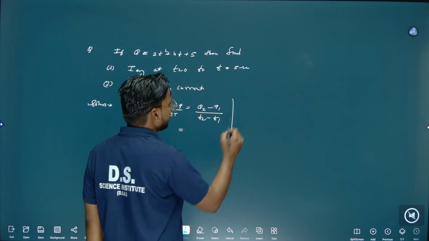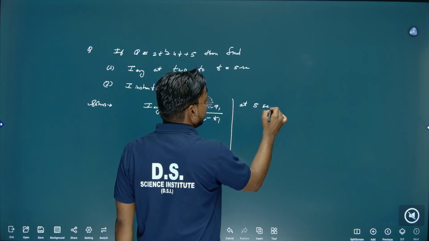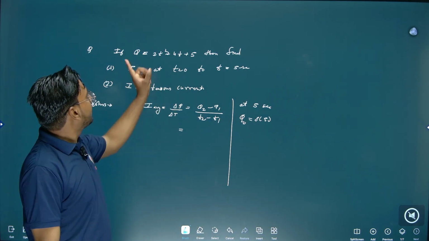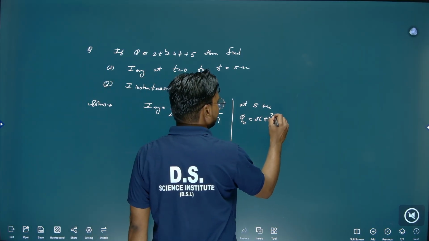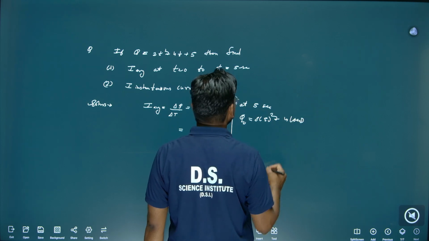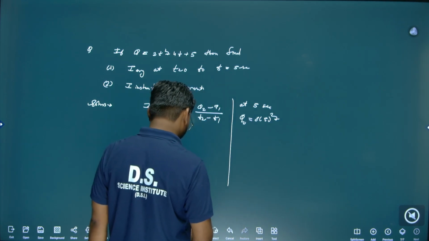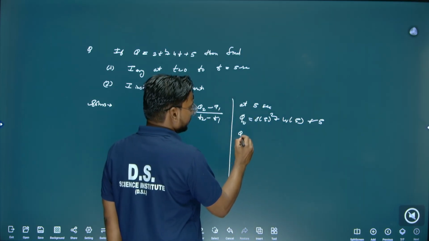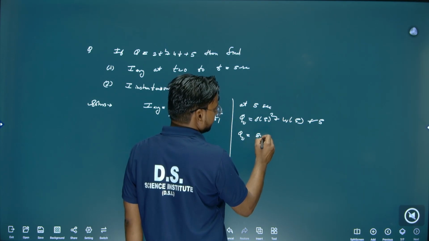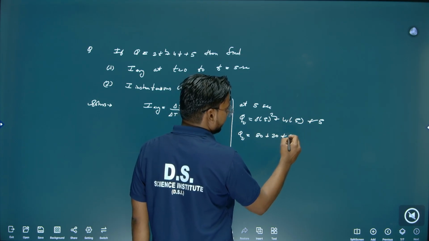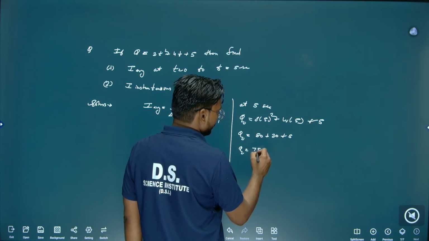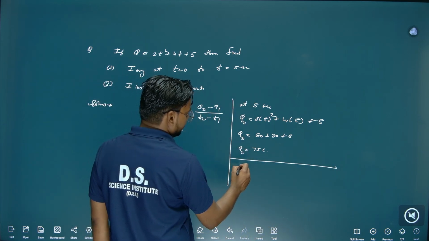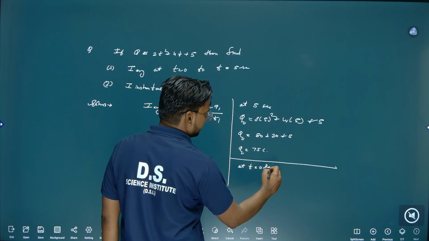We put the value 5 in place of t, so we get Q2 equals 50 plus 20 plus 5, so Q2 is 75 coulomb.